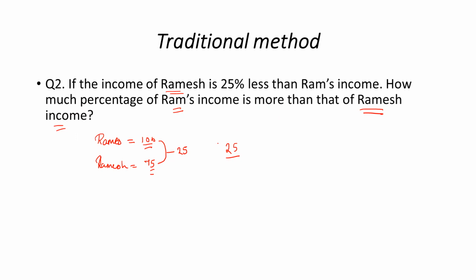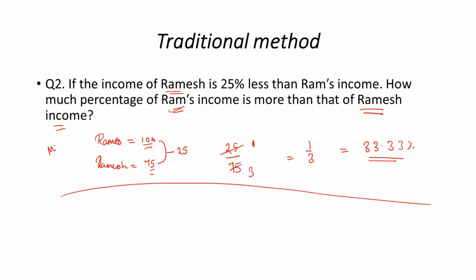The income of Ram is 100 and the income of Ramesh is 75. The difference between Ram's income and Ramesh's income, that is 100 minus 75, is 25. So 25 rupees upon, with respect to Ramesh's income, since they have asked how much percentage more than Ramesh's income. So 25 divided by 75: 25 ones are 25, 25 threes are 75. You will get 1 by 3, which equals 33.33%. So the income of Ram is 33.33% more than the income of Ramesh.